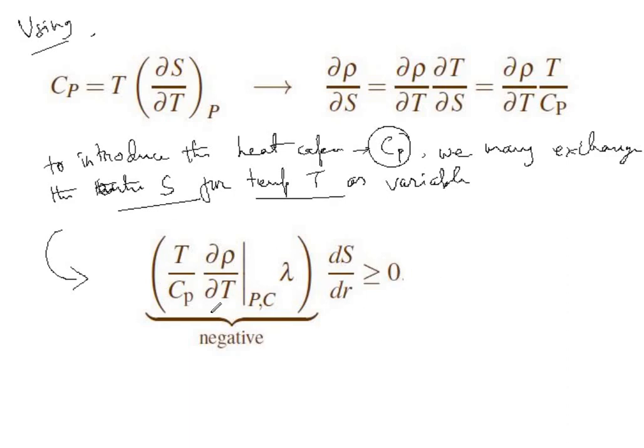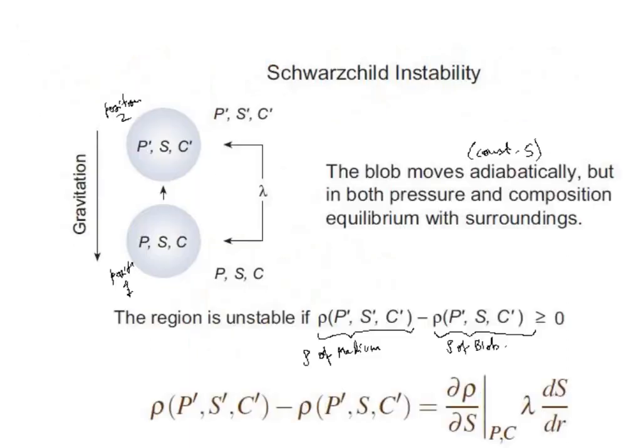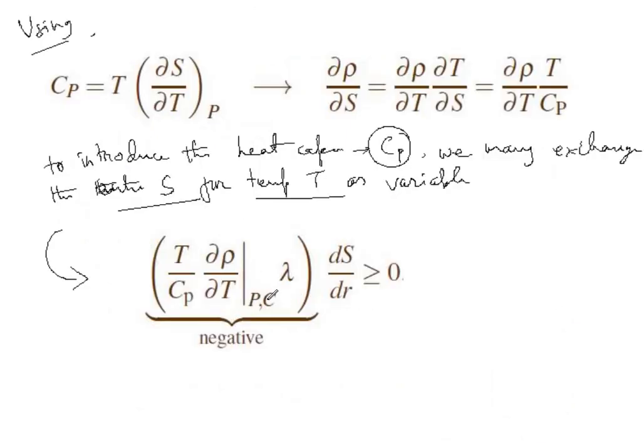This means that this whole term must be greater than 0, but it is known that typically the value of del rho del T at constant P and C, composition and pressure, note that here I am using C for composition, right? In this case also sometimes we use Xi as composition, but here I am writing C for composition.